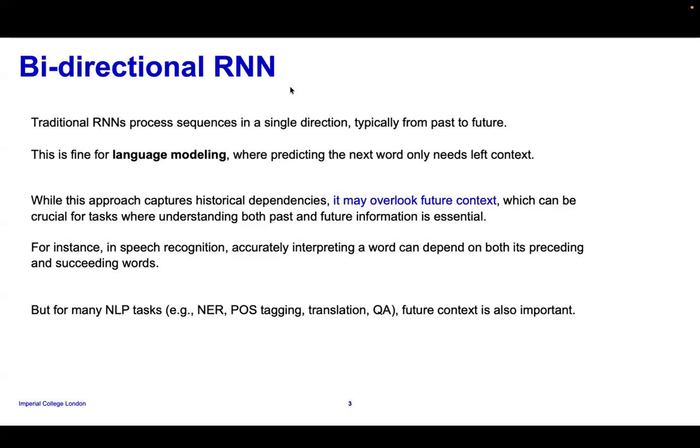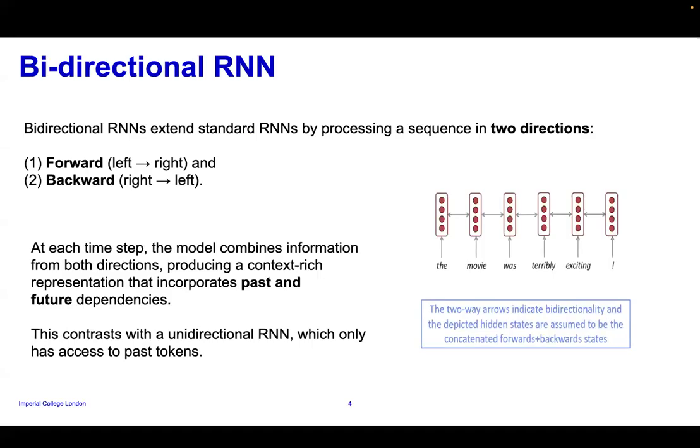And then we have what we call the bidirectional RNN. A bidirectional RNN basically extends the classical RNN in two directions, front to back and back to front. If you remember, we have seen some problems with the classical RNN.